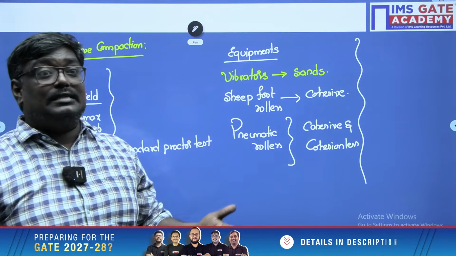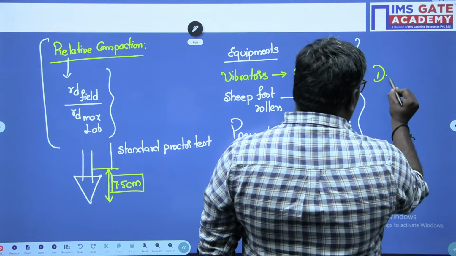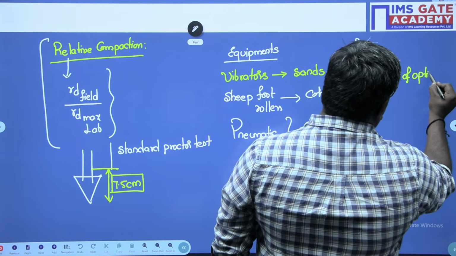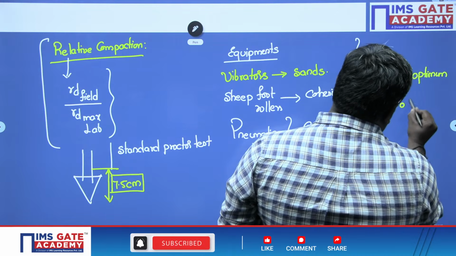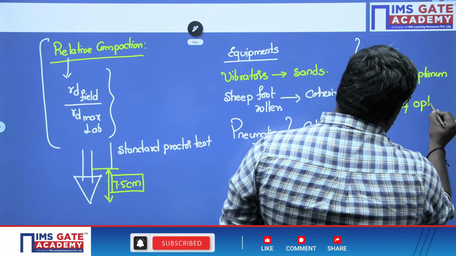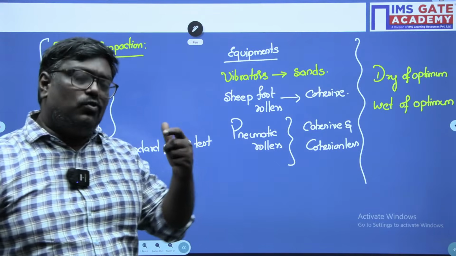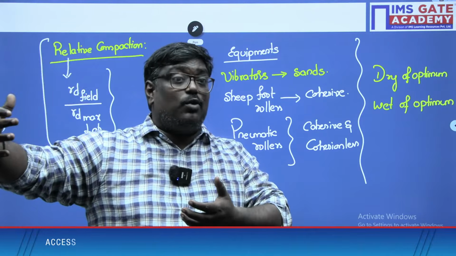So, let us understand the final thing which is very important. Sir, these are very important terms. One is the dry of optimum and another one is wet of optimum. I hope you are following, my dear students. When I talk about dry of optimum, the word dry means how much water is required for OMC.